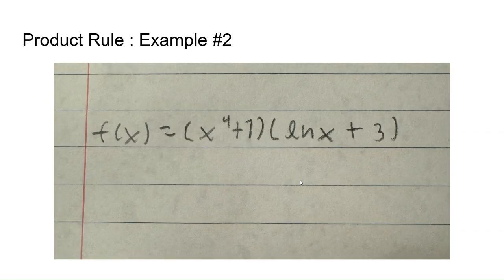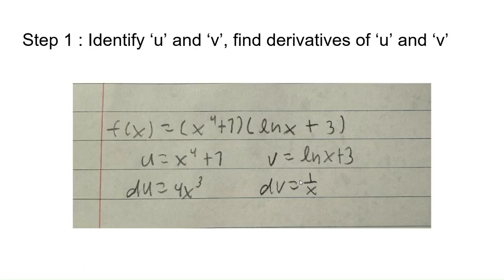So for our second example for using the product rule, we have f of x equals x to the power of 4 plus 7 times natural log of x plus 3. So again, we would have to identify u and v and then find the derivatives of our u and v.